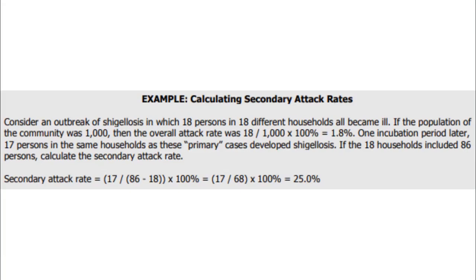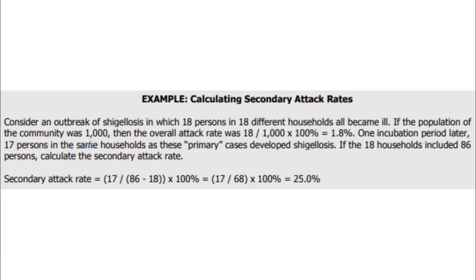So initially, there were 18 people from 18 different households who got infected or got shigellosis. And the total number of population from the entire household is 1,000.